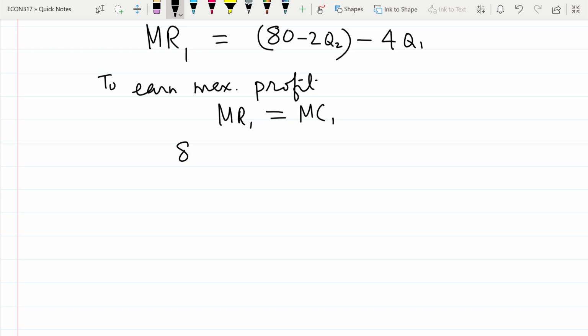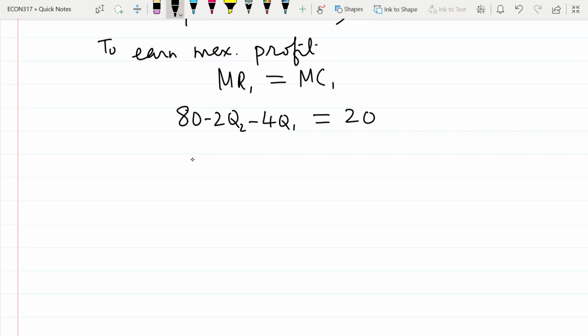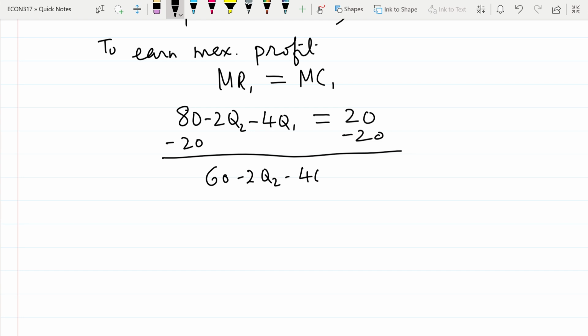So I have 80 minus 2Q2 minus 4Q1 as marginal revenue, 20 as my marginal cost. We can rewrite this. I subtract 20 from both sides, so I get 60 minus 2Q2 minus 4Q1 equal to 0.